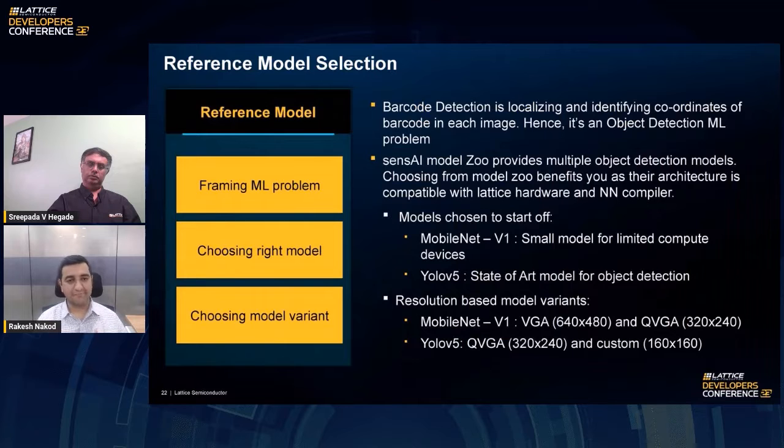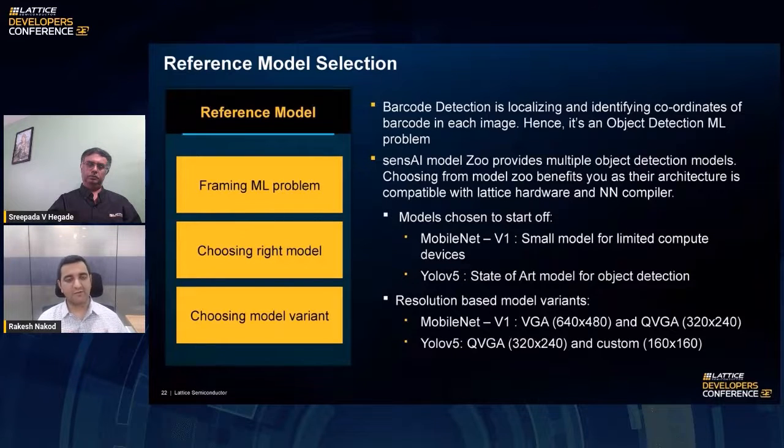Okay, so the first stage is the reference model. Before you start building an AI solution for any problem statement, you must be able to frame the problem properly. Framing the ML problem is important. For example, if you are building an application that needs to do classification of cars, maybe you want to differentiate whether a given car picture is of a sedan or an SUV or a hatchback. In our terms, we call this a classification problem.